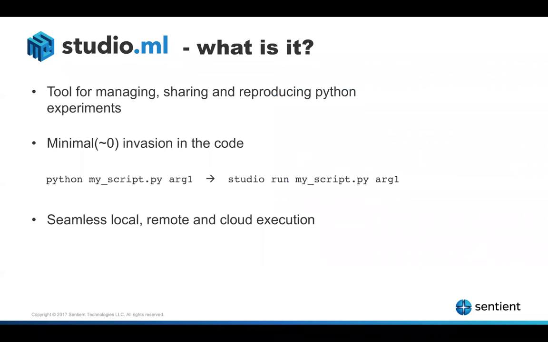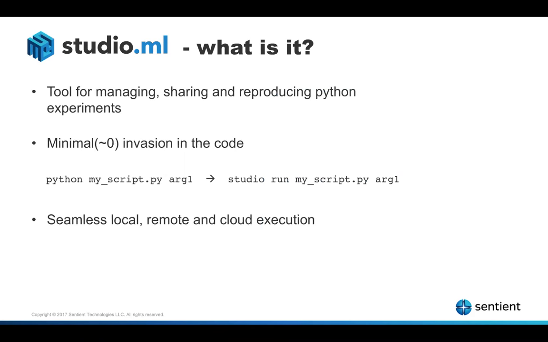So yeah, so what is Studio.ML? Like I said, it's a tool for managing, sharing, and reproducing Python experiments. My favorite part about Studio is that it has minimal invasion in the code.